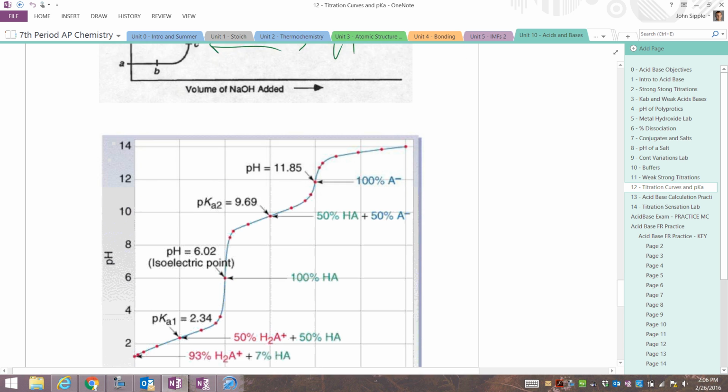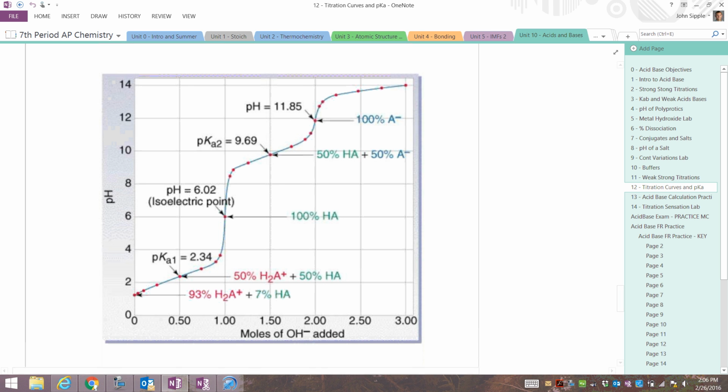And this one right here is one that I really like. This graph here is a nice graph, and it's kind of what I was drawing out a little bit, except this one shows you a polyprotic acid's half equivalence point. You have 50% of each of the acid and its conjugate base in solution. And once you reach the equivalence point, sometimes you'll see the equivalence point also called the isoelectric point.